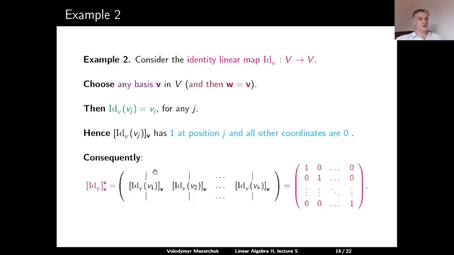And if you write this into the matrix, the first column will have 1 in the first position, the second column will have 1 in the second position, and so on.